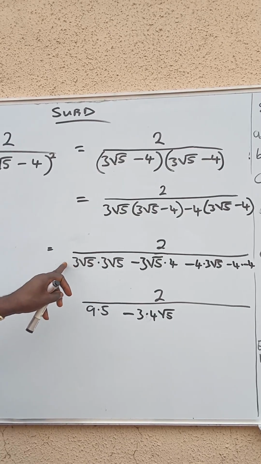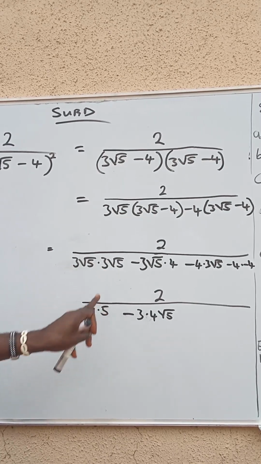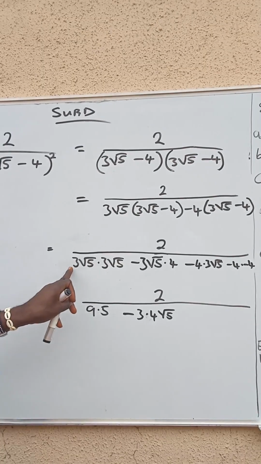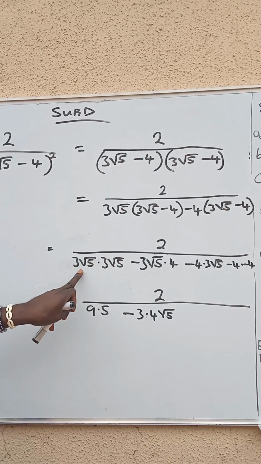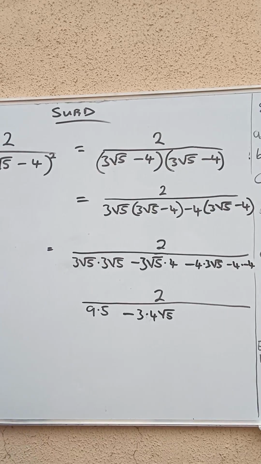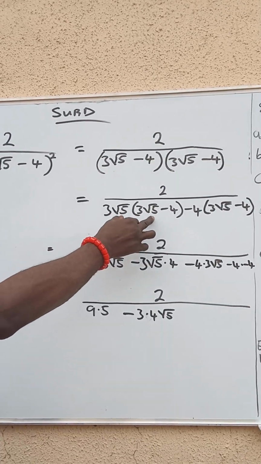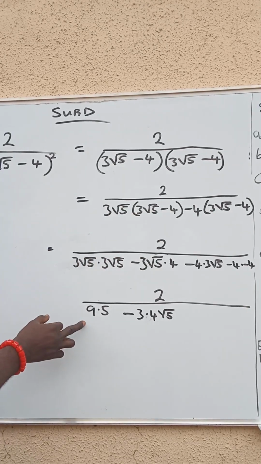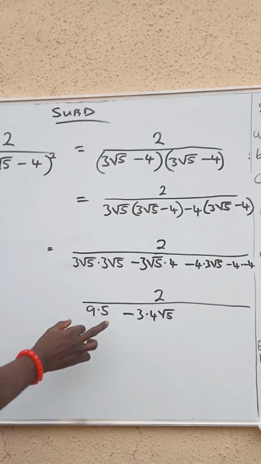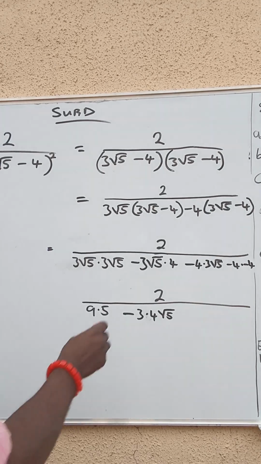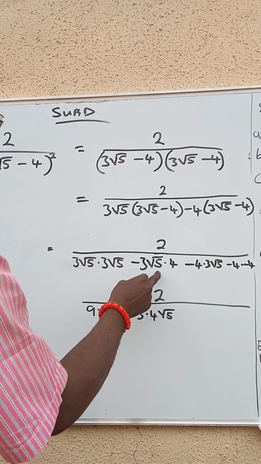Then you bring the number out, 3 times 3, 9, because this one is having 3. This one here is having 3. And where do we get it from? See it here, 3 root 5 dot 3 root 5. So 3 times 3 is 9. Root 5 times root 5 is 5. Good. Now this one here is 3 root 5.